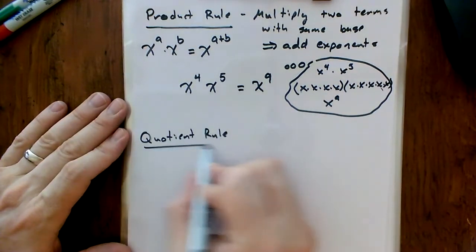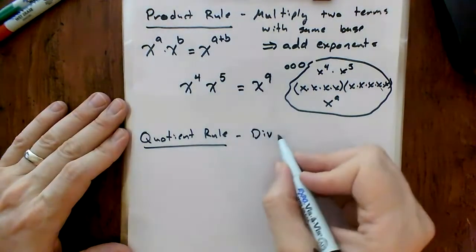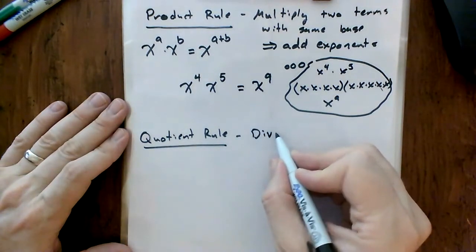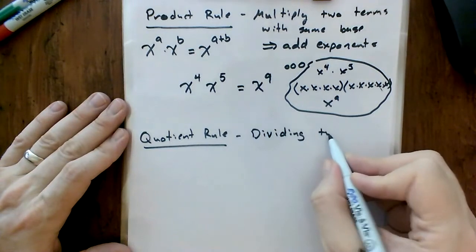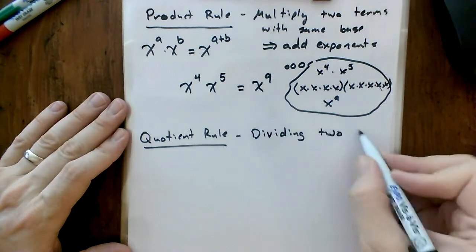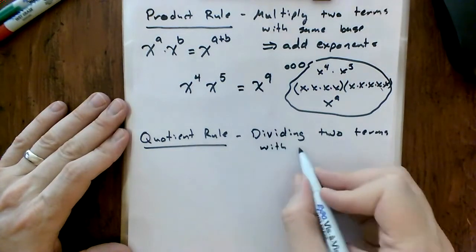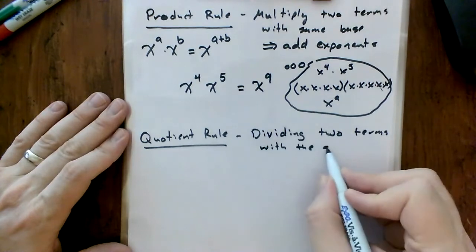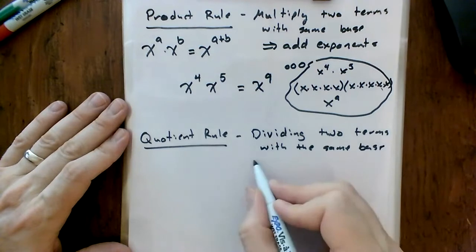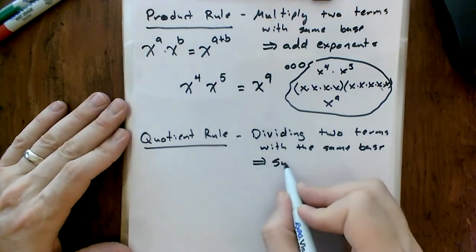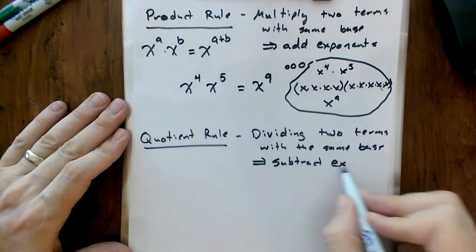With the quotient rule, this is where we're dividing two terms with the same base, and we're going to end up subtracting the exponents.